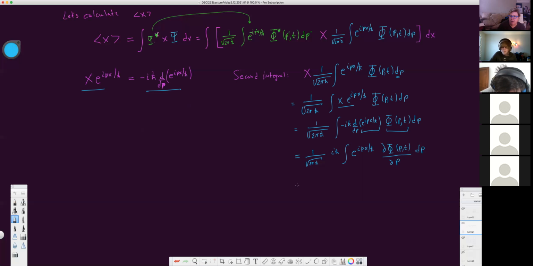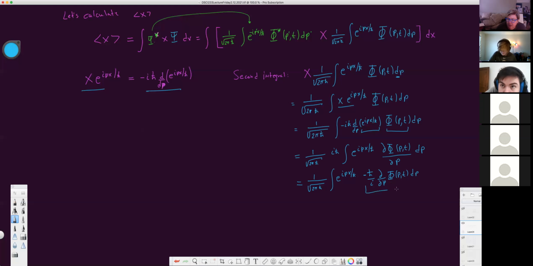Okay, and I'll rewrite it one more time to 1 over the square root of 2 pi h bar, and the integral of e to the i p x over h bar times negative h bar over i, because I'm just bringing the i down, partial p acting on this phi. I'm writing it a very particular way for a reason.